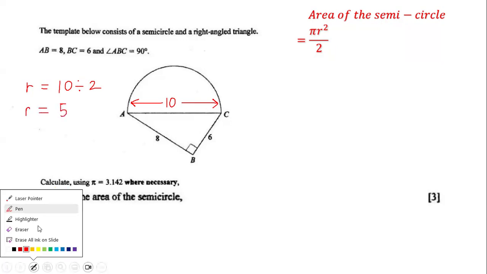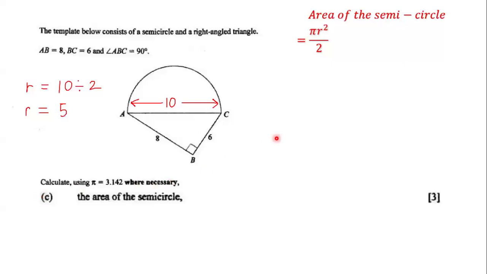Okay, and so pi is 3.142, and r is the radius, which is 5. So we put 5 squared, and of course, we put this over 2. Now, what do we do next? 5 squared is 25, and so we put 25 over 1 because we want to multiply.